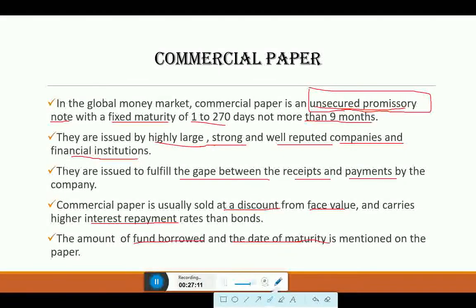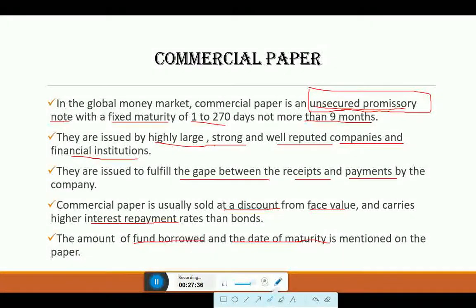It has a fixed maturity of 1 to 270 days, which is less than 9 months. Number two, they are issued by highly large, strong and well reputed companies. Why are they issued? They issue it in order to fill the gap between the receipts and payments, and the commercial paper are issued on discount from the face value, and they have interest rate as well.